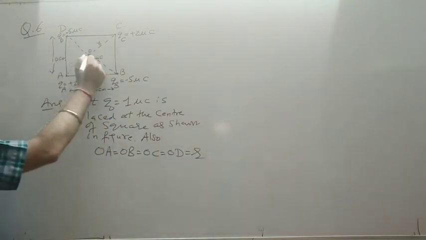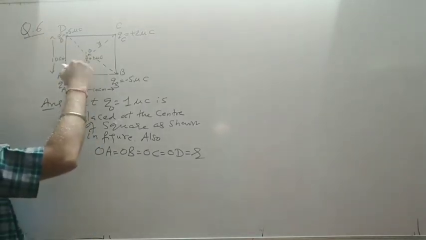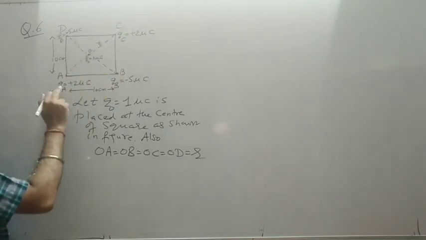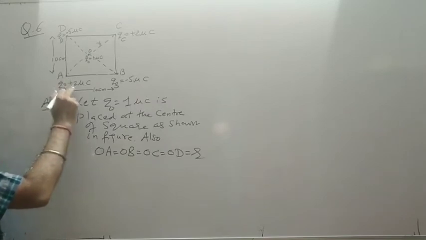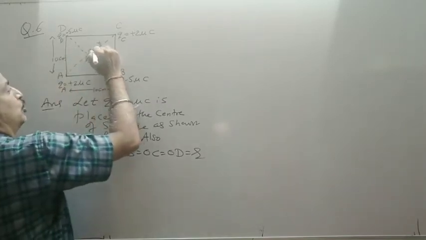Now if the positive charge is placed at the center, we will find the force of interaction on Q naught due to all the charges at A, B, C, D. So the charge at point A is positive and at the center the charge is positive, so there is a force of repulsion.